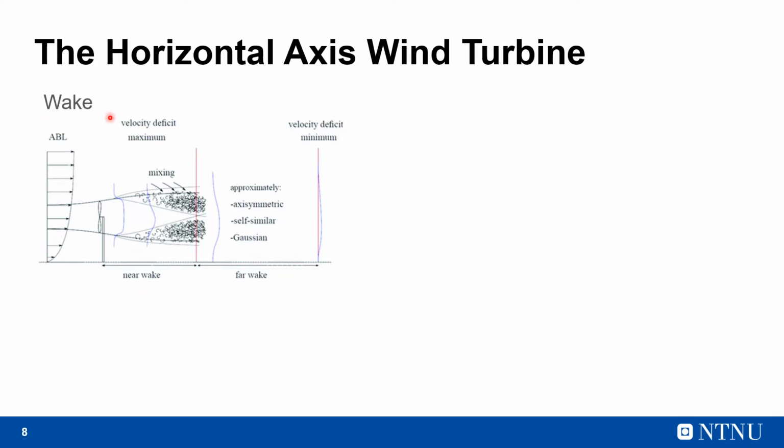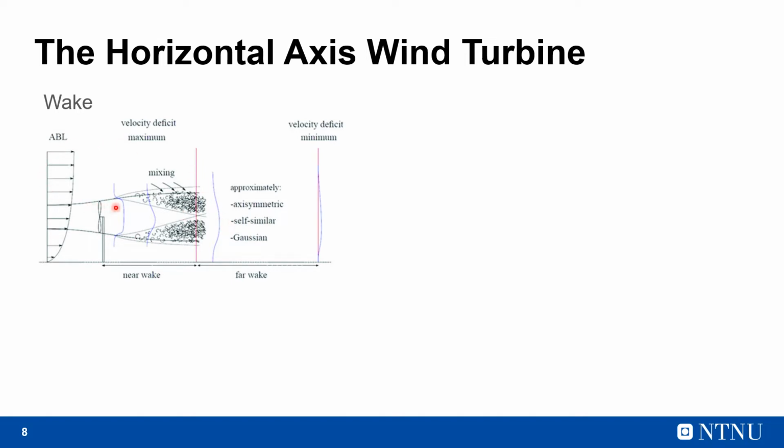Another factor that has to be discussed in relation to wind turbines is the wake. As the turbine extracts energy from the wind, immediately downwind of the wind turbine there is a region where the wind velocity falls. Also, eddies are shed at the tips of the blades, and these eddies increase in intensity.